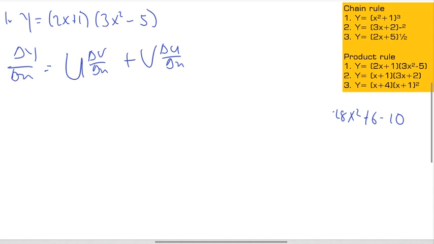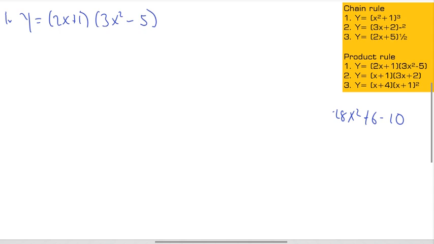So now let me clean this formula so that we have enough space. I'll write it somewhere here. So dy/dx is equal to u dv/dx plus v du/dx.